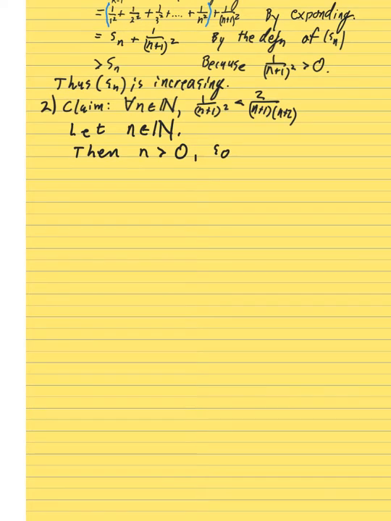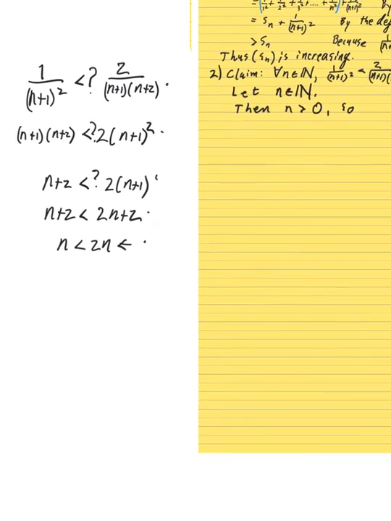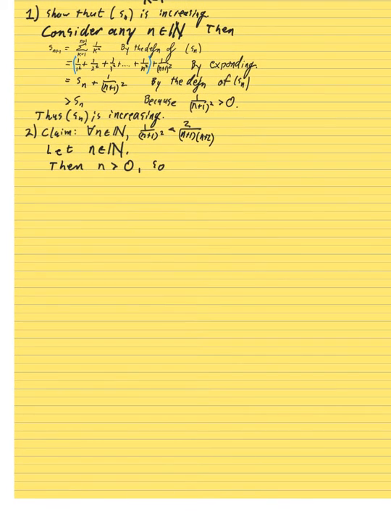So over here, multiplying something that's bigger than 0 by 2 makes it bigger. So little n is less than 2n.